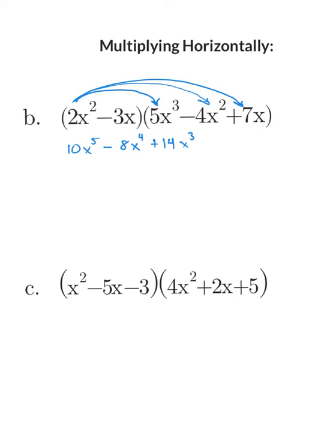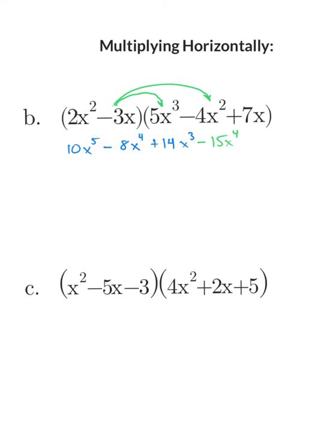So now let's multiply everything in the second thing by minus 3x. If we do this, we get minus 3x times 5x cubed, we get minus 15x to the 4th.